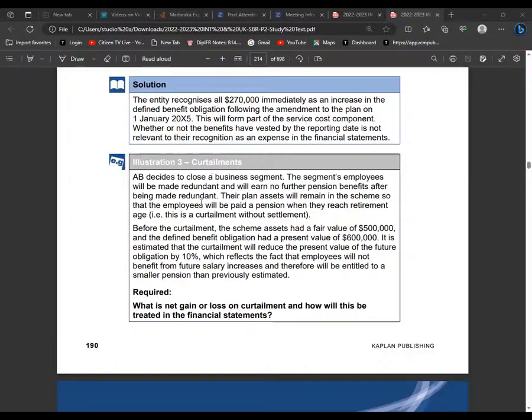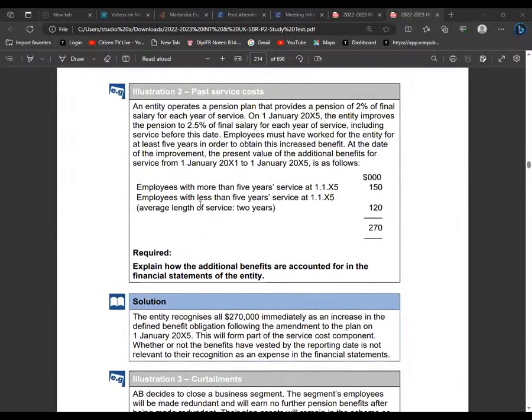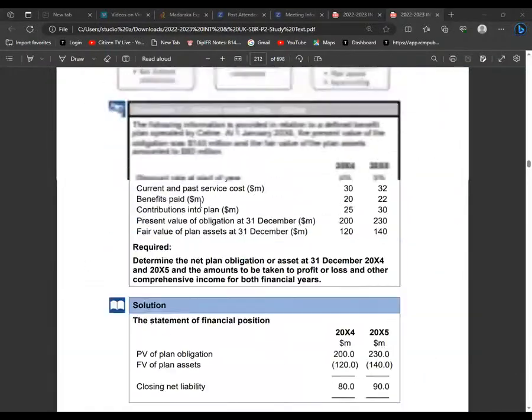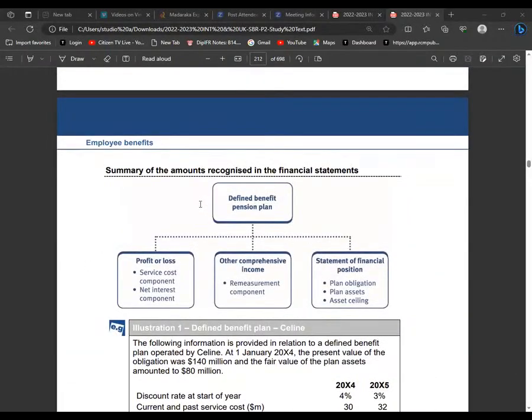Look at this illustration here. Summary of the amounts recognized in the financial statements. For profit or loss, these are very important things. In profit or loss, you take the service cost component, and we have the interest component.